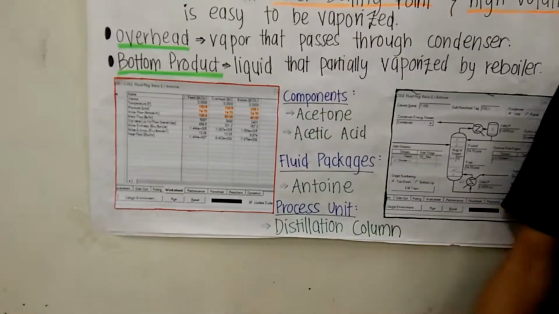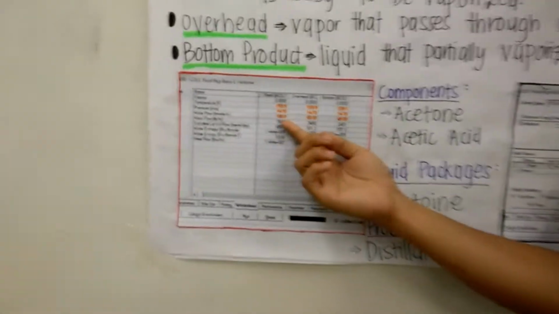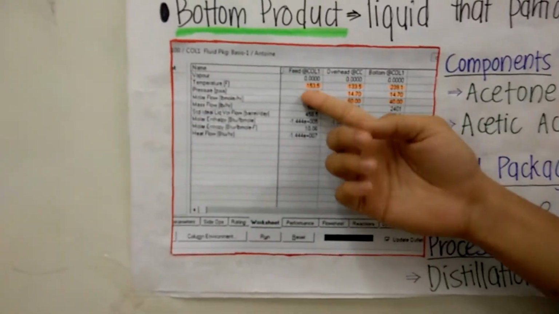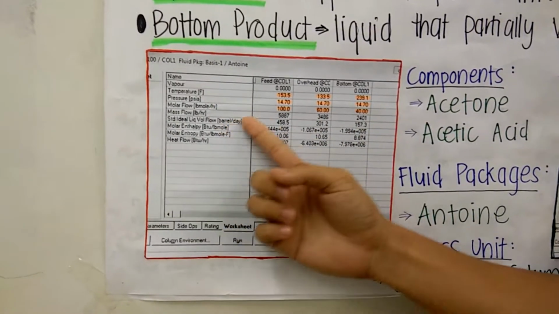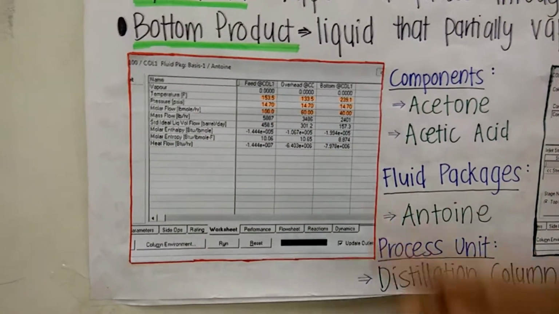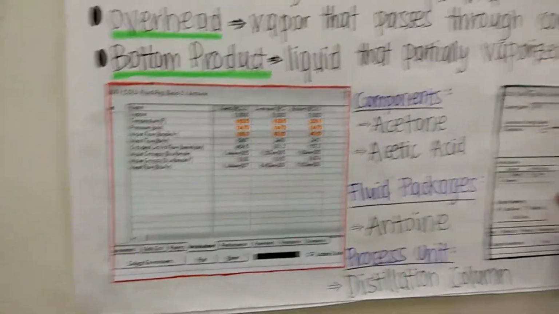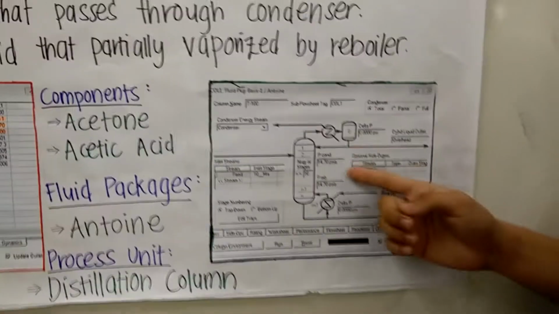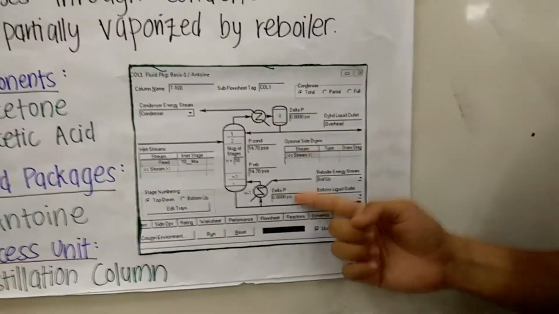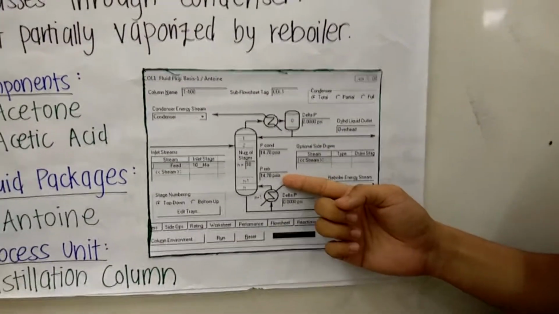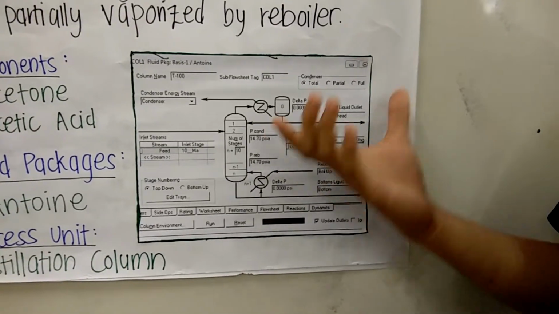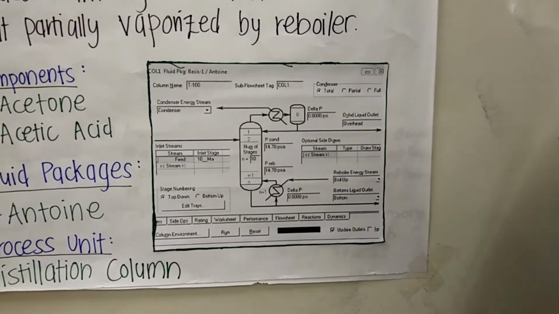After entering simulation mode, we have to key in these values given in the problem: the temperature, pressure, and molar flow. Then, as you can see from this diagram, we have to key in the values of delta P and the reboiler pressure, which are also specified in the problem.